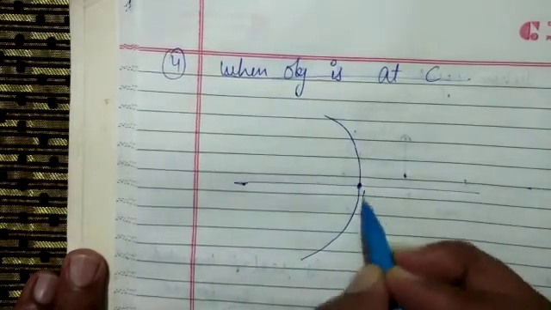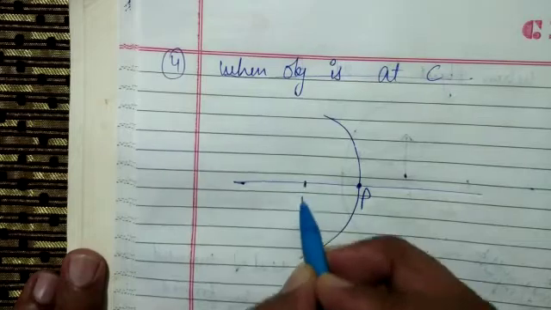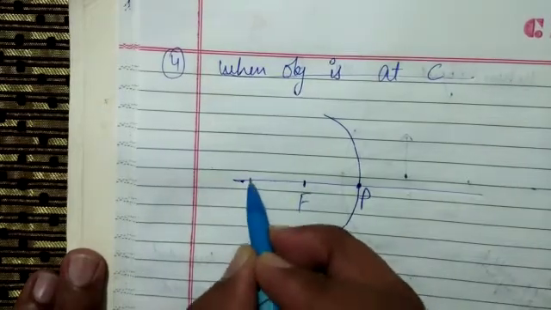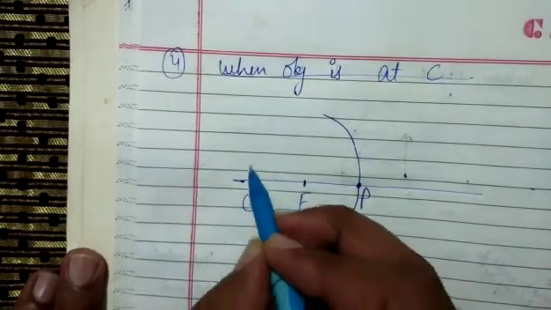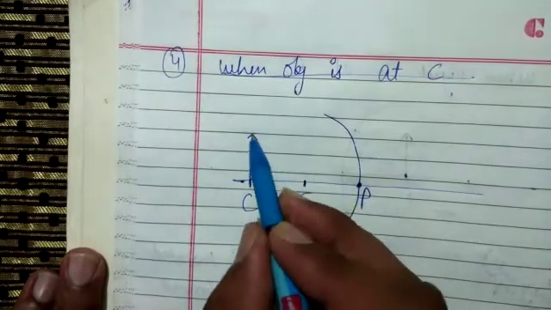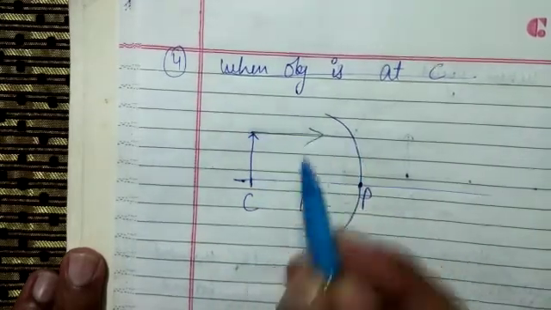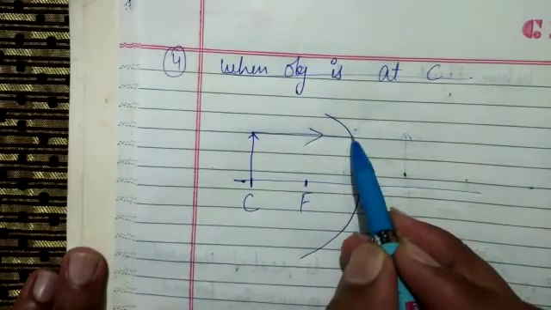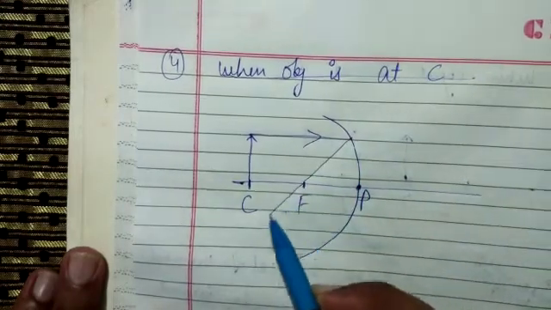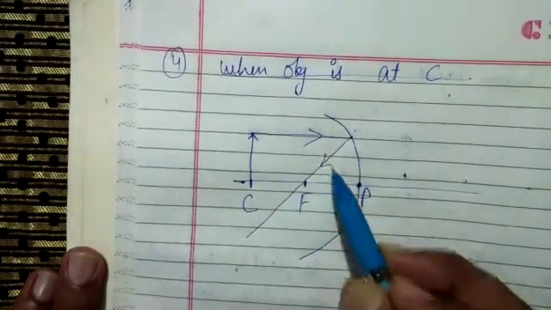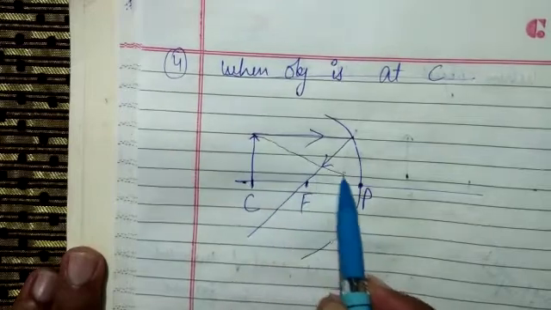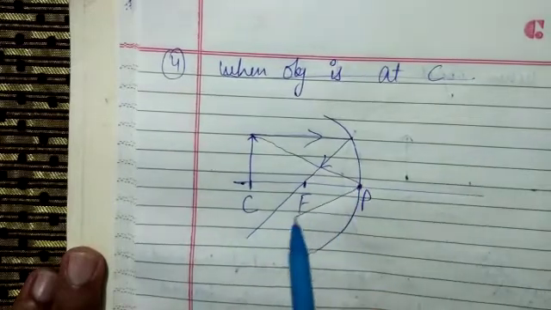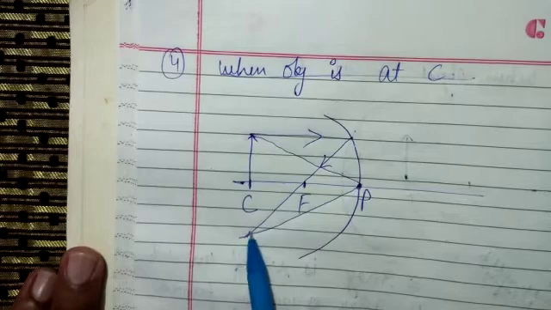So here it is the pole, here it is the focus, and here we have the center of curvature. Here the object is. If the first light ray is parallel, it must pass through the focus there. The second, which I am following again and again, must be meeting over there.